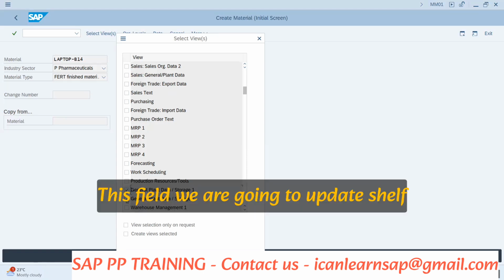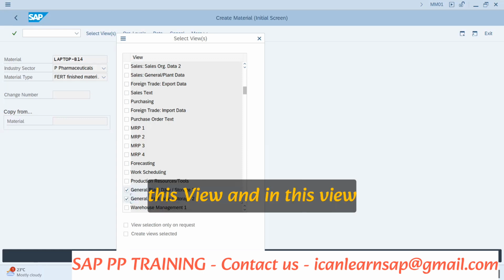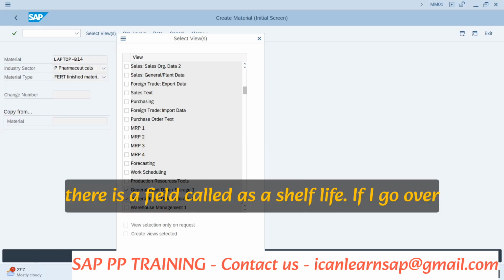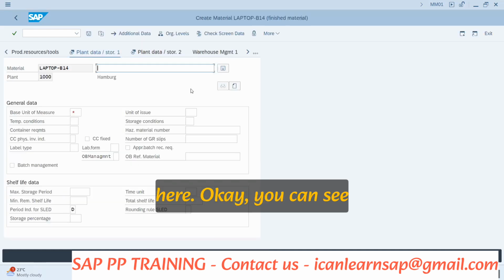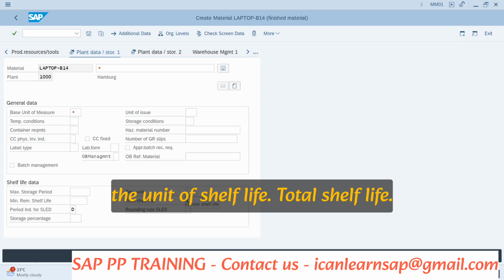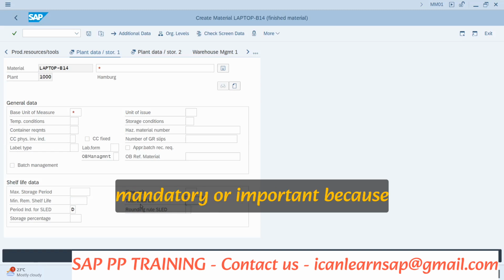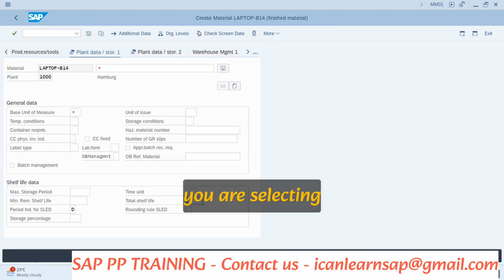we are going to update the shelf life. In this view there is a field called shelf life. If I go over here, you can see shelf life, minimum shelf life, the unit of shelf life, total shelf life. These fields are going to become mandatory or important because you are selecting material for chemical industry.